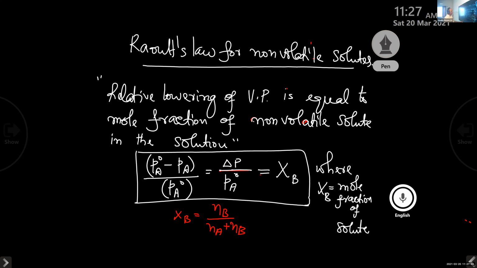So Na plus NB is approximately equal to Na, because NB is a negligibly small value. So XB is approximately equal to NB by Na, and this is for a very dilute solution.